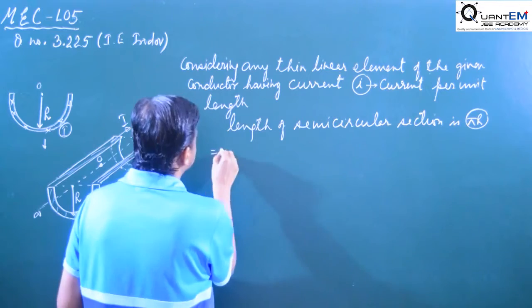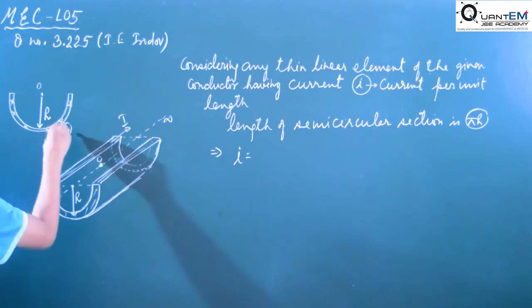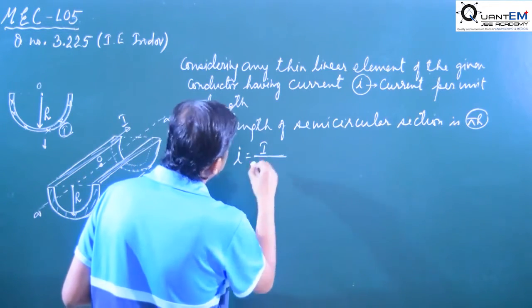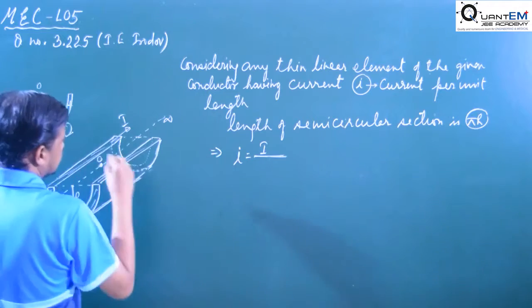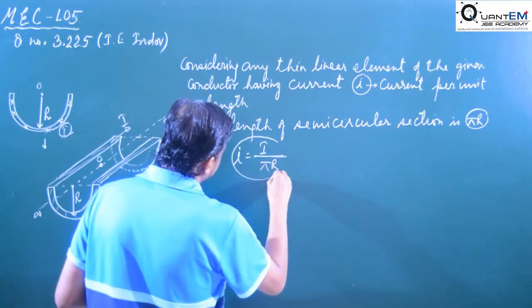It implies that the current per unit length, the current for the semicircular section, is I divided by the length of this section, that is pi r. So it is the current per unit length.